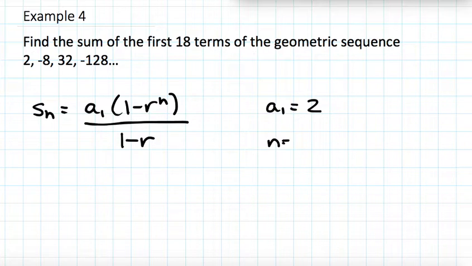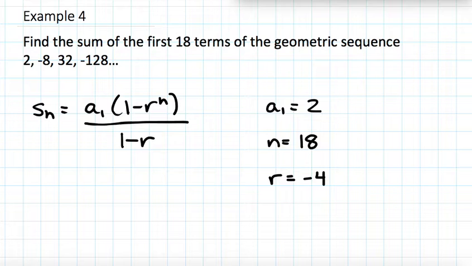N, what I want to find is the sum of the first 18 terms, so that means that n is 18. And r, if I look at any two consecutive terms, I see that I'm multiplying by negative 4 to get the next term. So if I say, okay, 2 times what equals negative 8, that's negative 4.